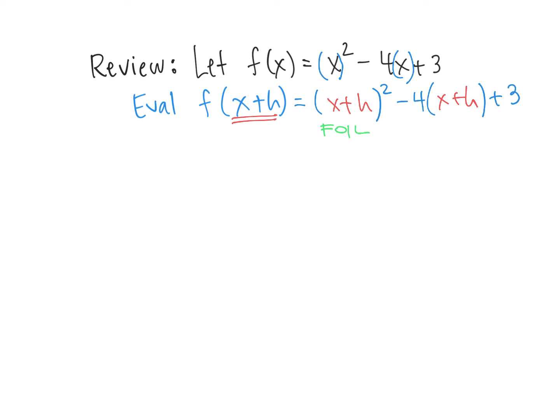I'm going to have to FOIL that out. How do I get rid of these parentheses? I'm going to have to distribute this -4. We've already covered these in other videos, so I'm just going to fast forward to the part where we've already FOILed out. When I multiply x plus h times x plus h, I got x squared plus 2xh. Forgot my h.